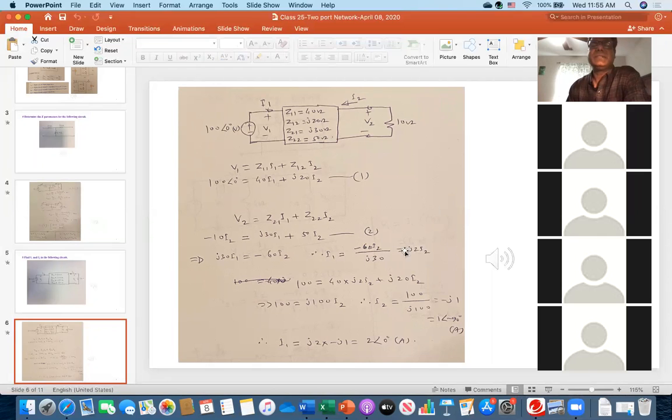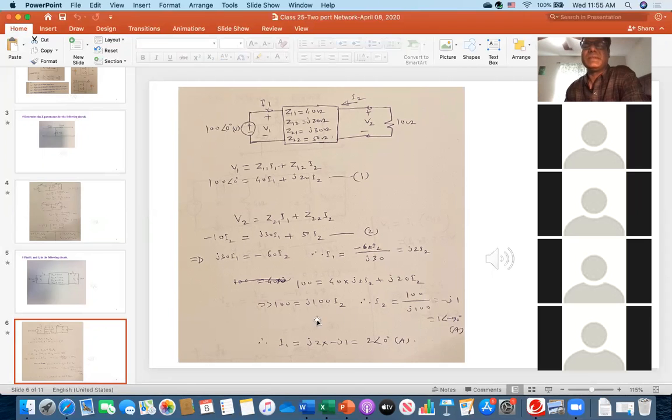And I substituted the I1 value into equation 1. So that's why I got 100. I am not writing angle 0 degree because it's the same. After plugging in that I1 value and simplifying, finally I got I2 magnitude 1, angle minus 90 degree.